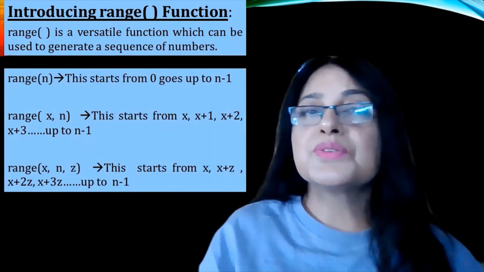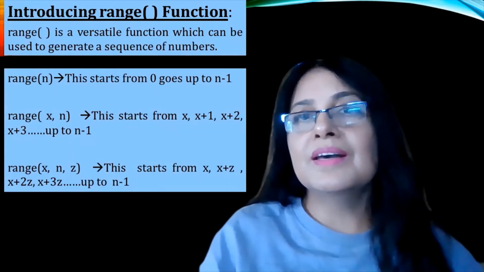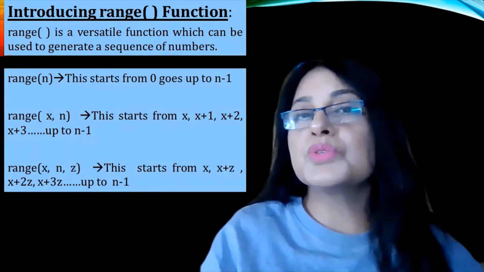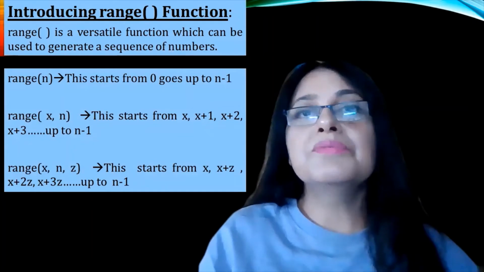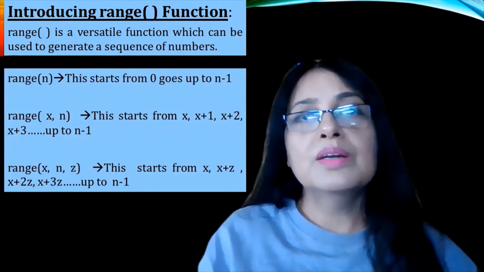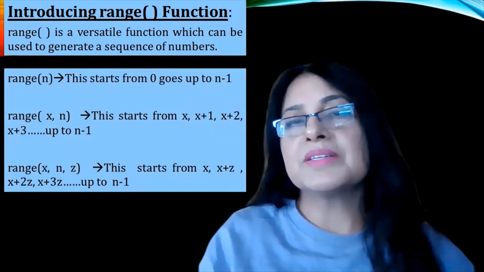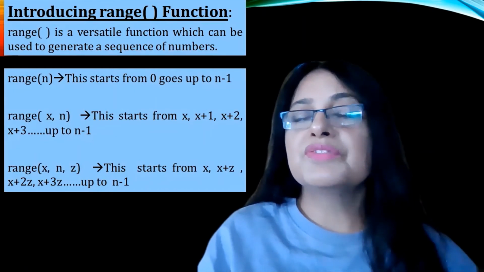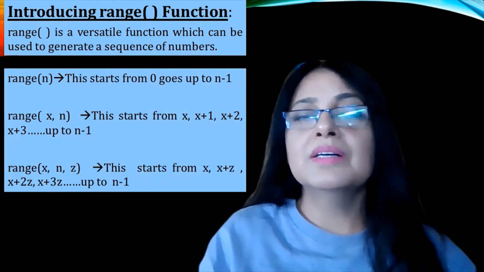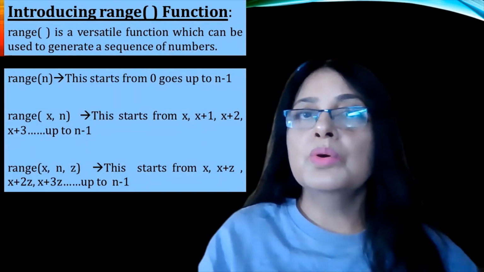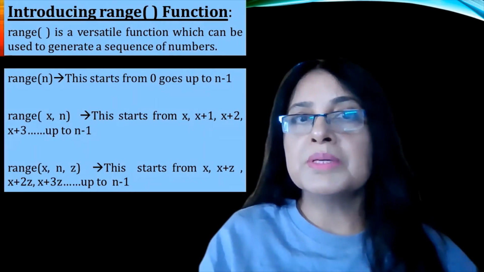We now introduce range, which is a very versatile function and can be used to generate a sequence of numbers. To define range, we can give within the brackets 1, 2, or 3 parameters. So starting with the first one, we have range n, single parameter. It returns 0 to n minus 1 numbers.